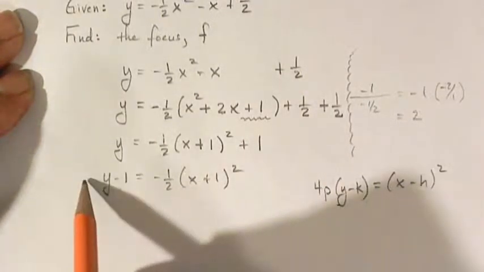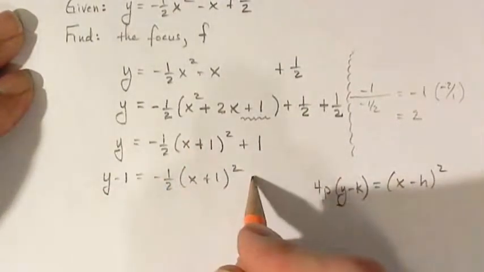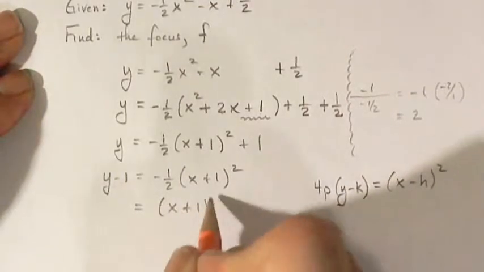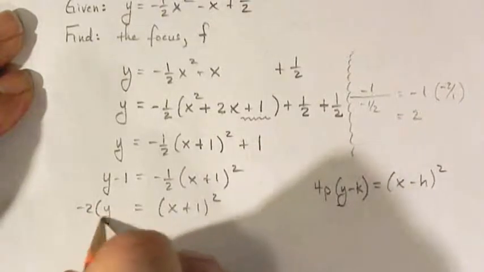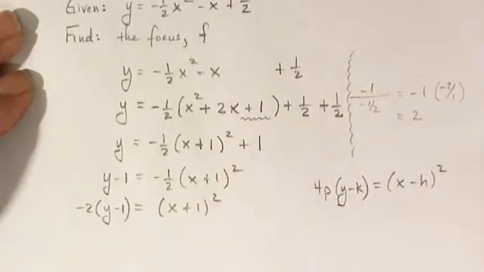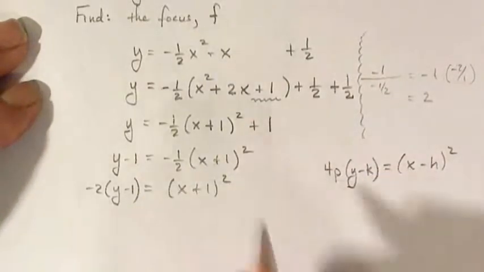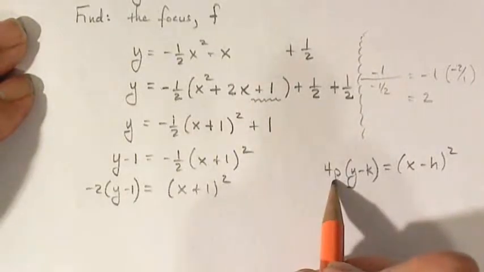So this really needs to be over here. So I'm going to multiply both sides by negative 2, and I get x plus 1 squared equals negative 2 times y minus 1. Getting closer. Again, this is starting to look more like this, and this is supposed to be a 4p.